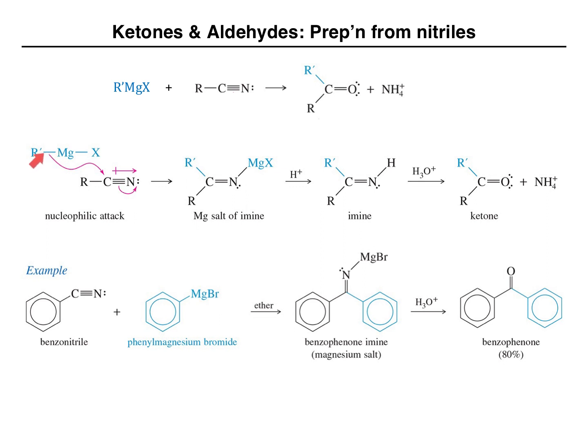So we can see that here, the R group is going to attack the carbon, pushing these electrons onto the nitrogen, giving this C double bond N, which is called an imine. And so here we have a magnesium salt of the imine, where this was the original part of the nitrile, and this was added by the Grignard reagent.